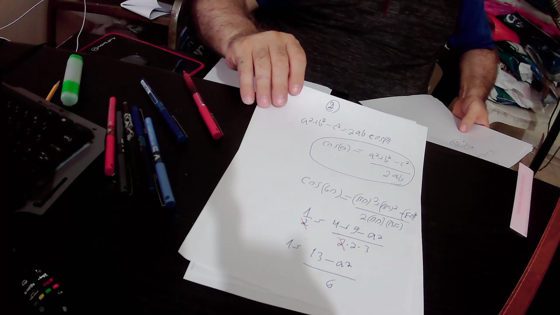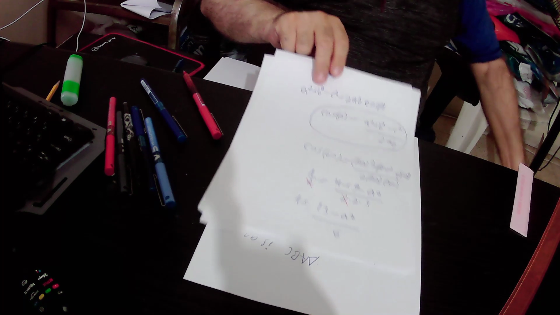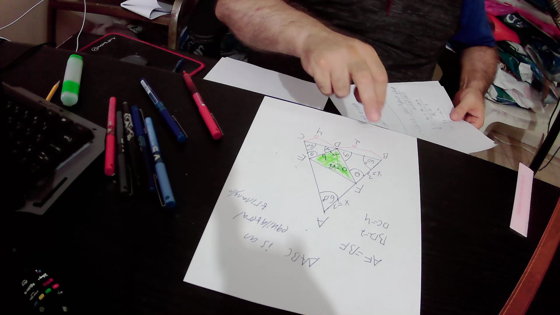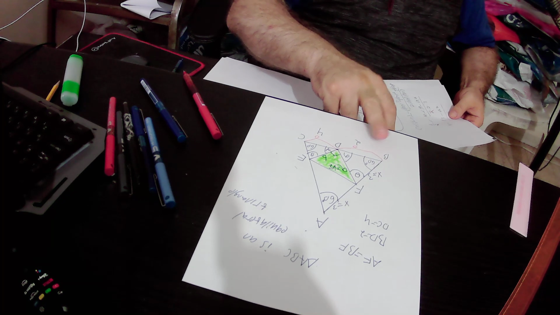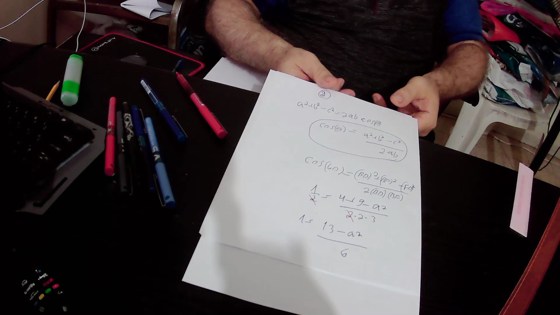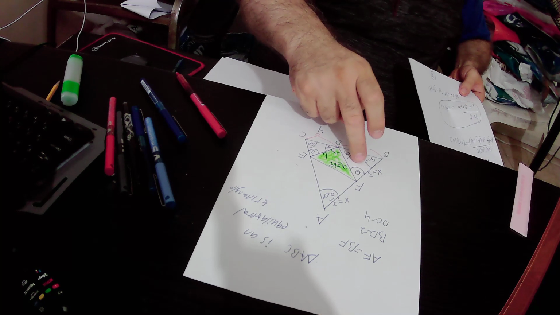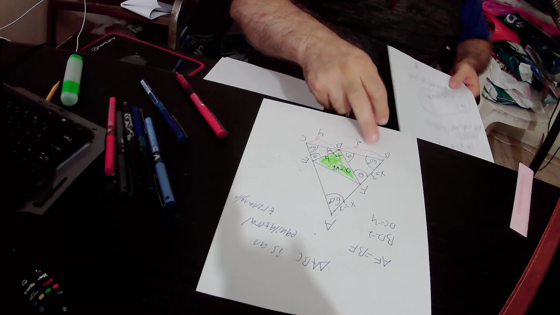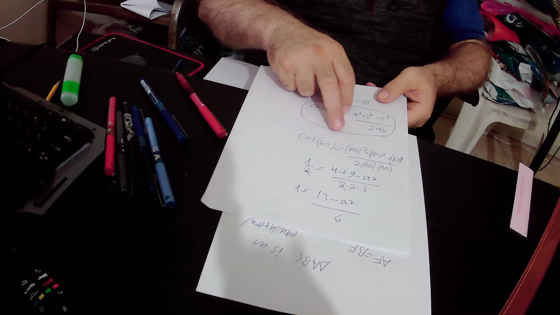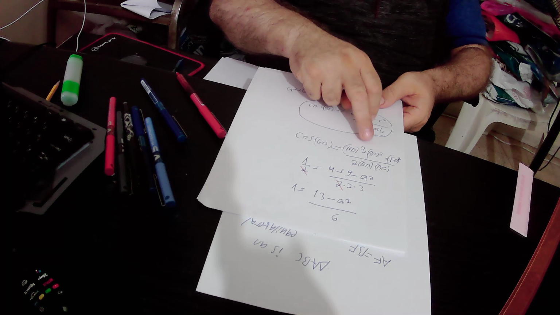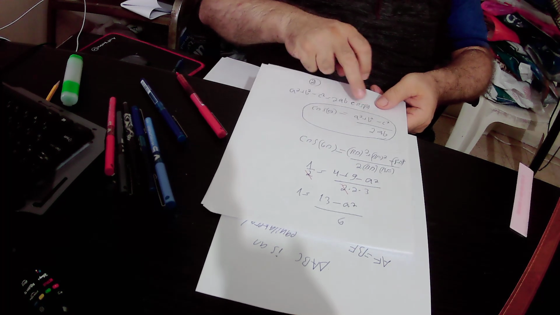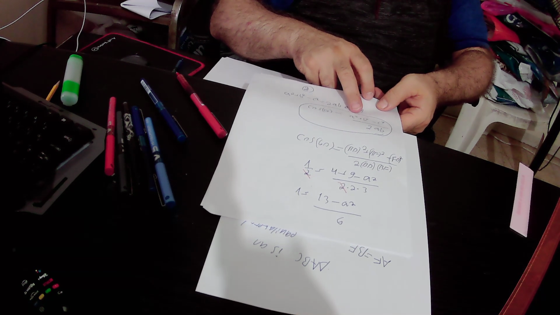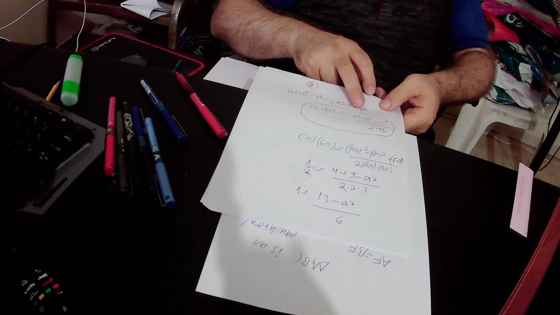And we will use this equality in order to find out the value of FD, because we can implement this equality in triangle BFD. We can say that cosine 60 degrees equals BD squared plus BF squared minus FD squared according to this formula.